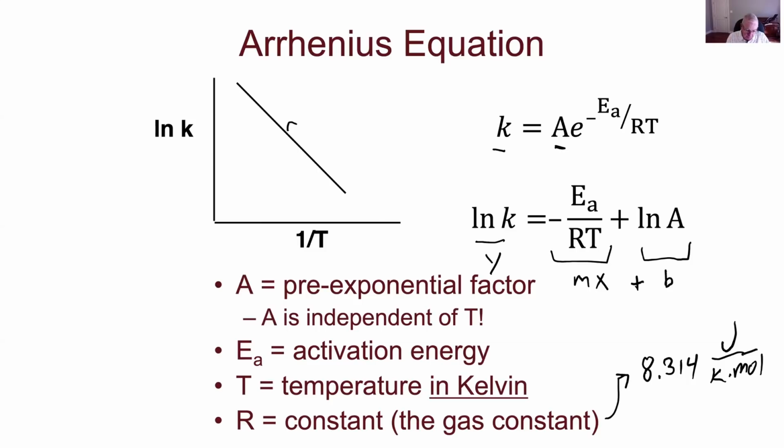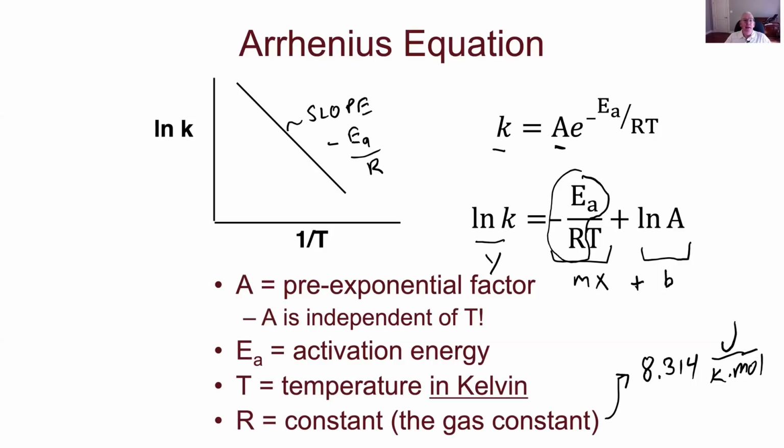That tells me the slope of this line is whatever is multiplying 1 over T in my equation. So that's the minus E sub A over R piece. Right, so if I had that graph, one way to get a value for E sub A would be to measure the slope of the line, then just do the algebra from there to solve that for E sub A.